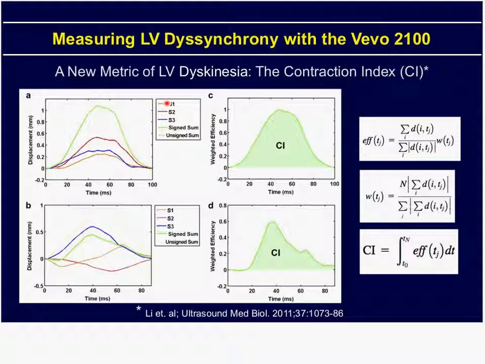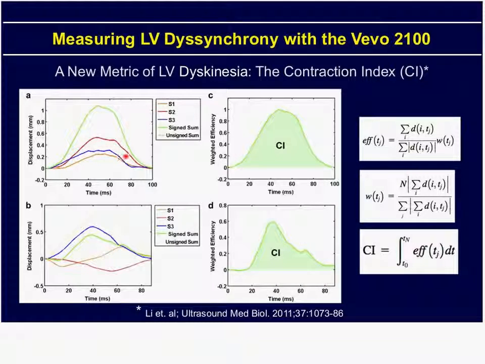and I may be running out of time to get to the details of how it's calculated, but basically it's using equations very similar to those used in AC power output. It's measuring efficiency. For instance, if we look at 3 segments, let's imagine a single short axis slice, and we measure displacement in each of 3 segments rather than 6, simply for the case of simplification.